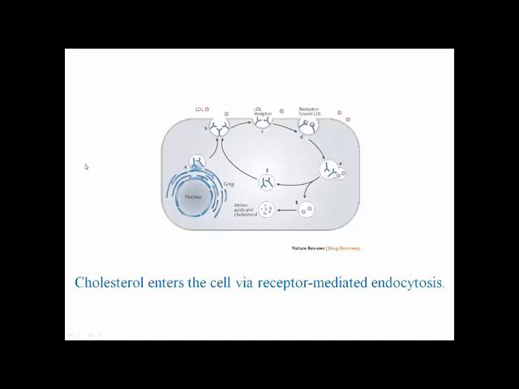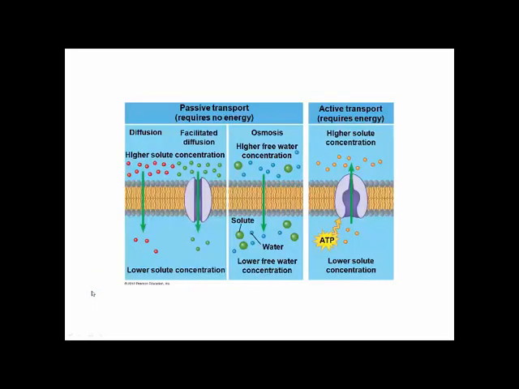LDL then is not picked up by cells, which actually isn't such a big deal because cells can make their own cholesterol. But what is a big deal is that LDL remains in the blood, and it collects and causes plaques, causes blockage in veins and arteries. So there's an example of real live cell use of receptor-mediated endocytosis.